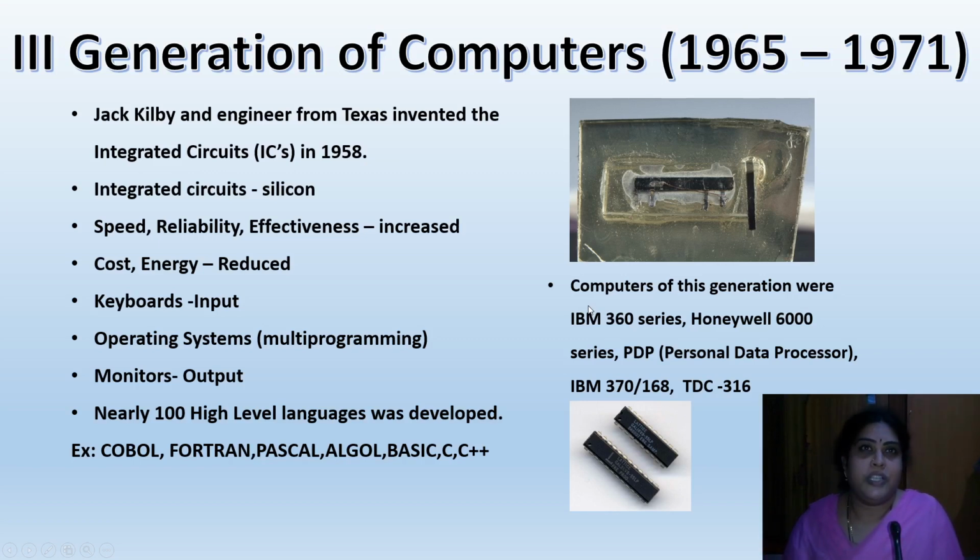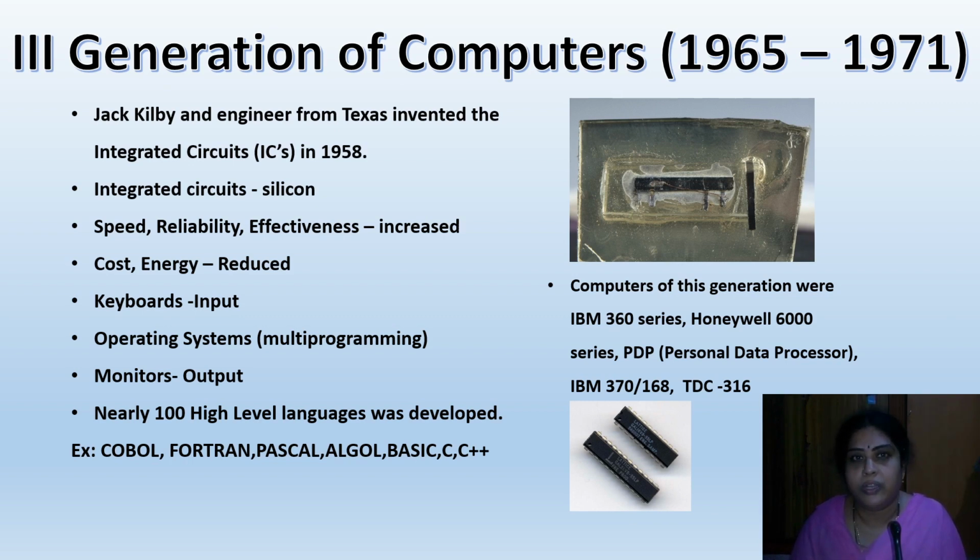Third generation computers. This saw a new advent: integrated circuits came into being. It was done by a person called Jack Kilby. He made all these transistors, resistors, capacitors, everything, and put them onto a single chip, and he called it an integrated circuit.